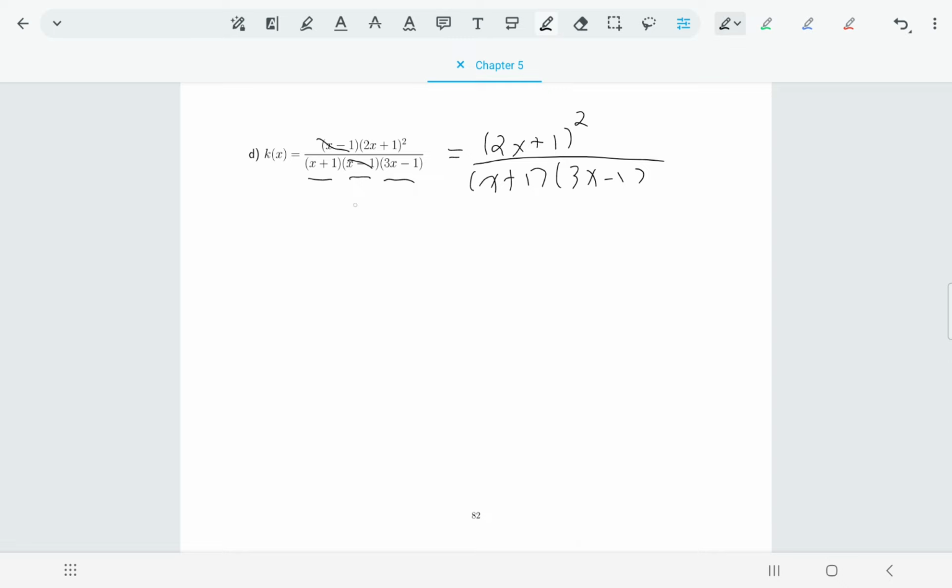Now, as far as the positive 1 goes, that came from a factor that got canceled and removed. So that means that we were going to have a hole when x is equal to 1. And of course, if we wanted to know what the y value is, we put the x value into our simplified version of k of x.